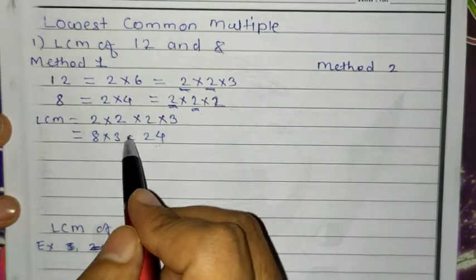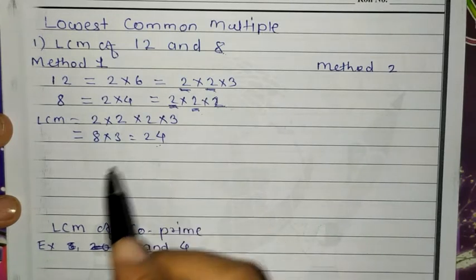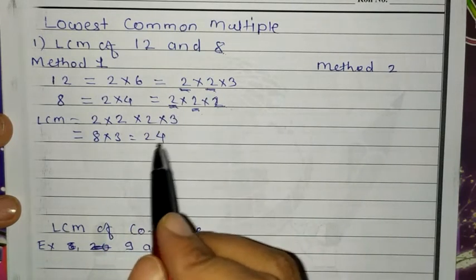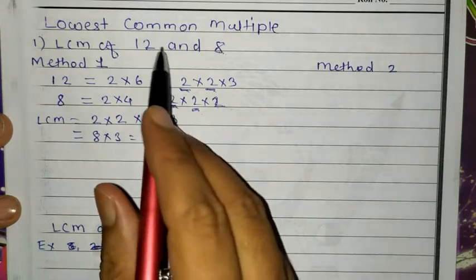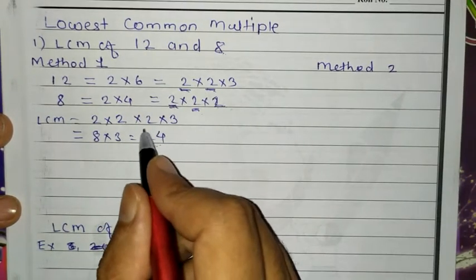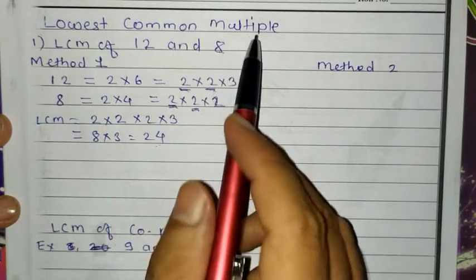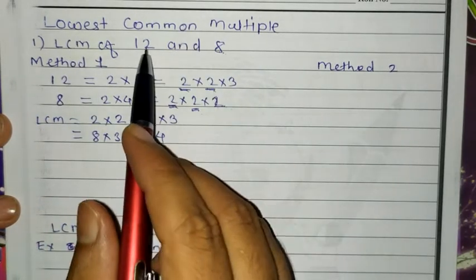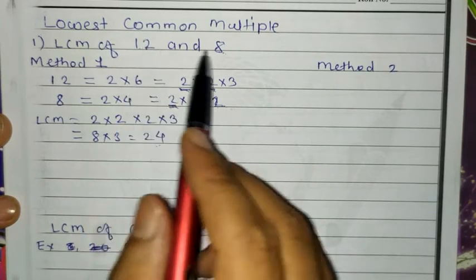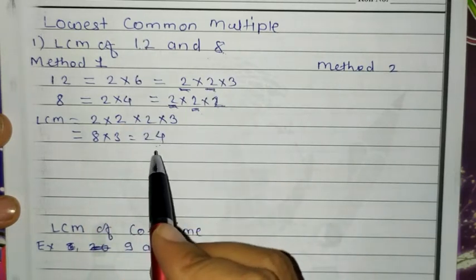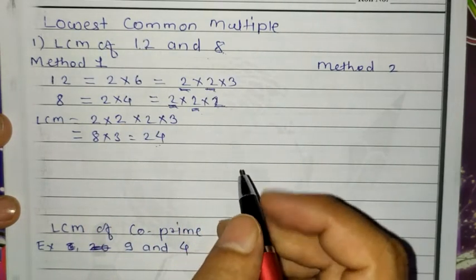Before that no such number comes, like 20 does not come, 12 does not come, 16 is not coming in the multiplication table of 12 and 8. So this is the minimum number, that's why its name is least or lowest common multiple, because this number is in the multiples of 12 and 8 and it is the lowest number. That is the concept of LCM.